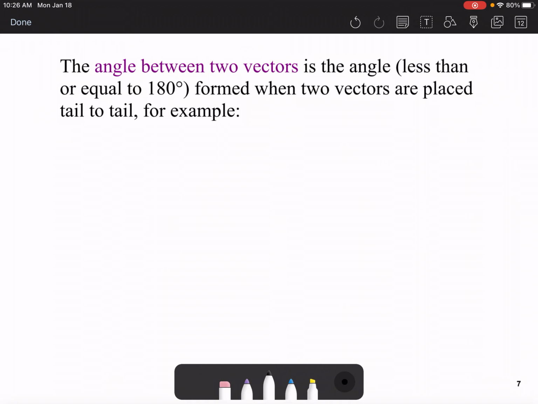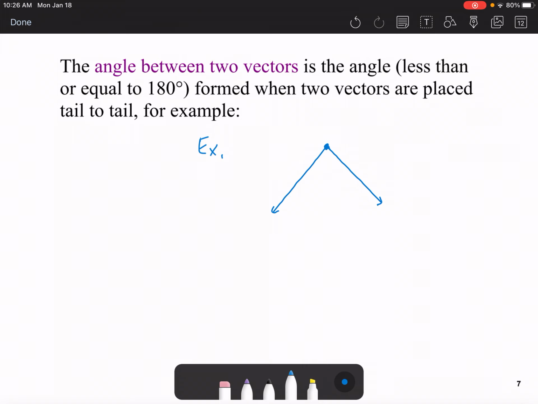Okay, some more terminology. The angle between two vectors is the angle less than or equal to 180 degrees, formed when two vectors are placed tail to tail. So let me show you an example here. So let's draw a vector headed this direction and another vector headed in another direction, but the two tails are put together.